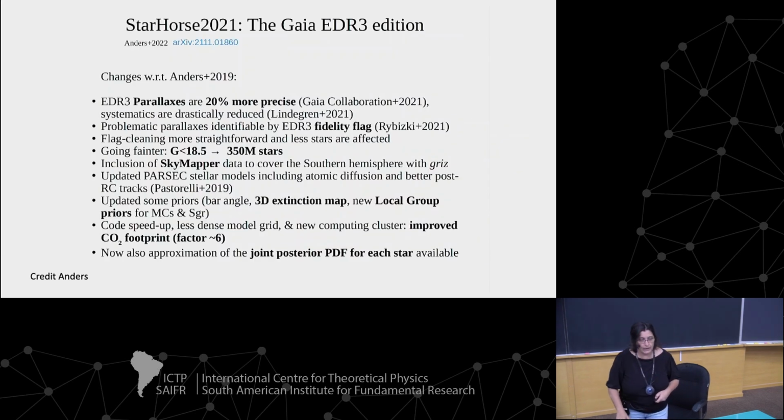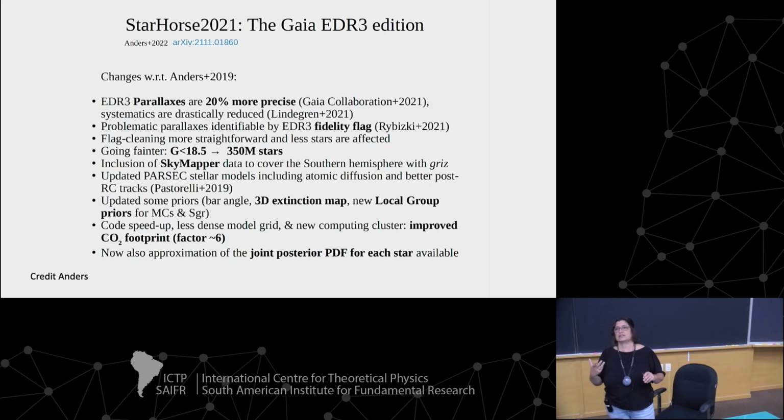Then we waited for Gaia EDR3, which was the end of 2020. And during all this time, we were using this data set to prepare for MOST as well, which I will explain later in another lecture. So in 2021, we were ready with the next run of Gaia. What happened between DR2 and DR3? The parallax improved by 20%, okay?